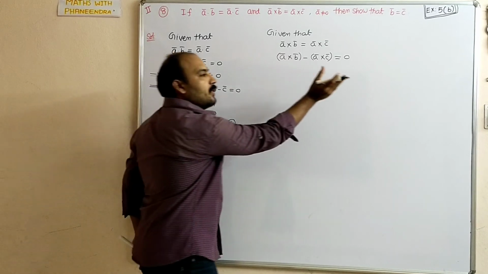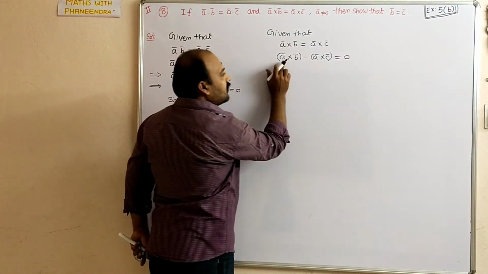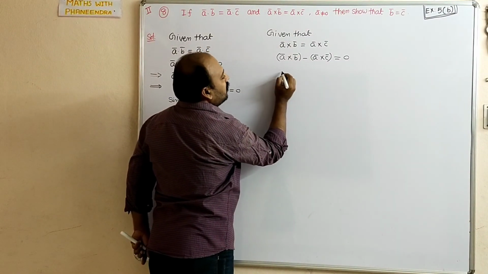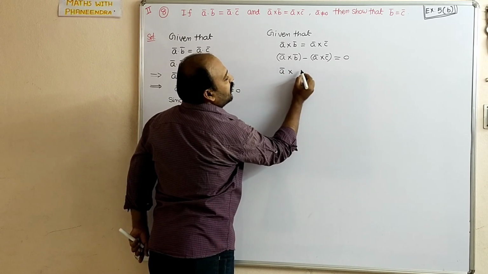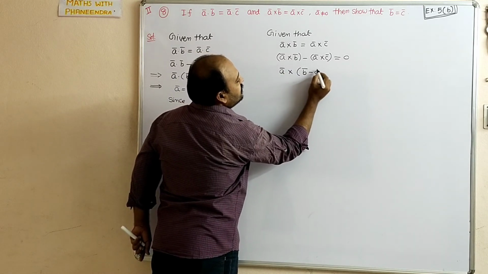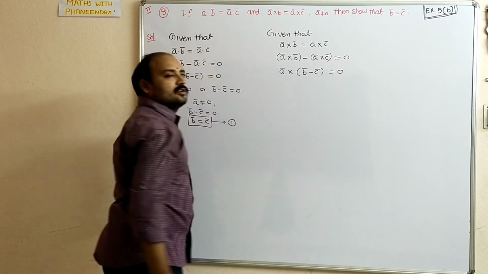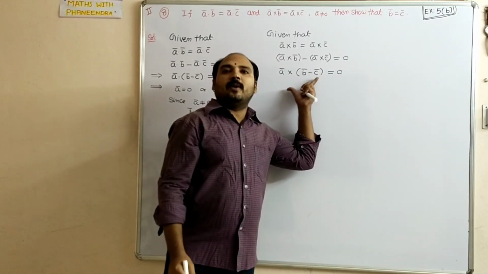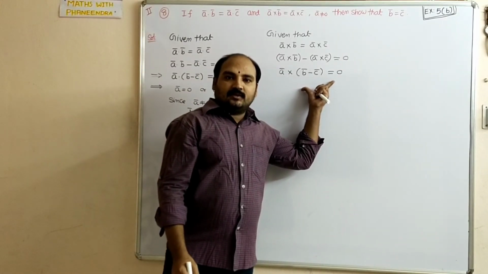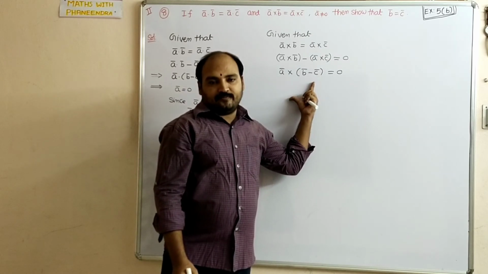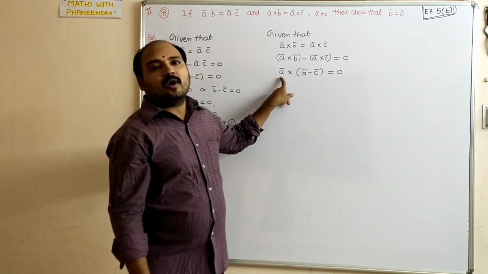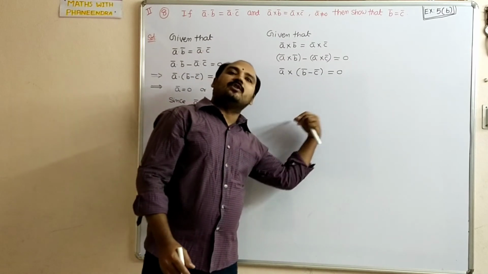That a bar cross c bar we are taking this side. After that, in both the vectors, a bar we can take common, cross product of b bar minus c bar equal to 0. So, cross product equal to 0 means they are parallel vectors. We can write it as a bar cross b bar equal to 0 means either a bar equal to 0 or b bar equal to 0.